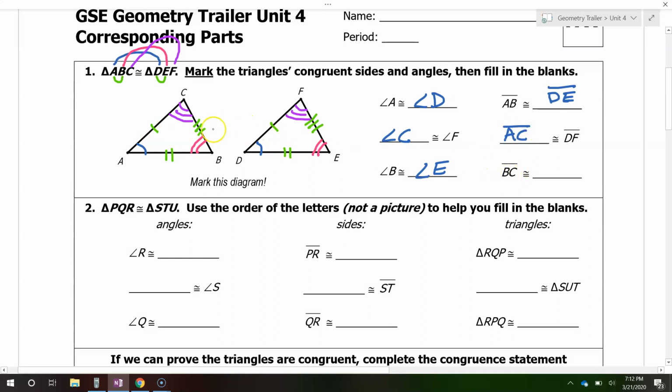And segment BC, the triple, is congruent to segment FE.